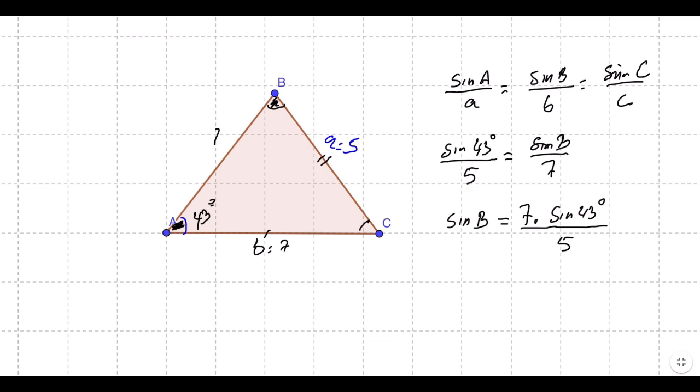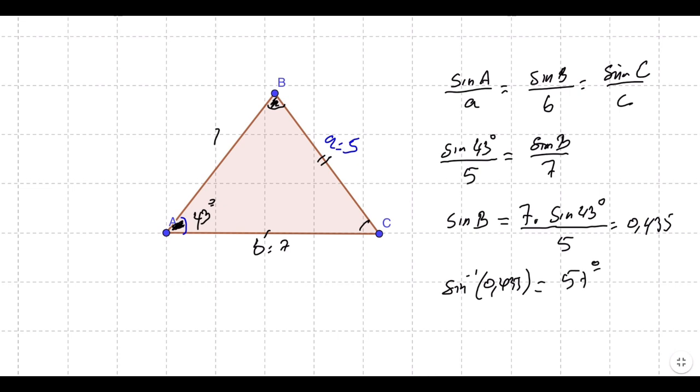For example, suppose you find sine B is 0.435. You put in your calculator sine minus 1 of 0.435, and it will give you the angle B, which is, for example, 57 degrees.